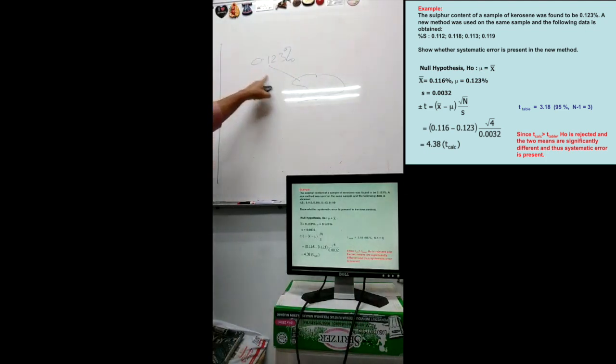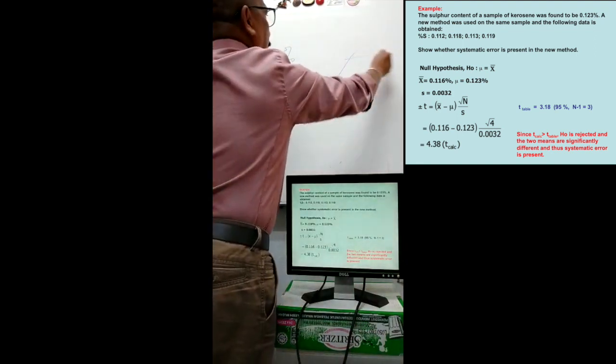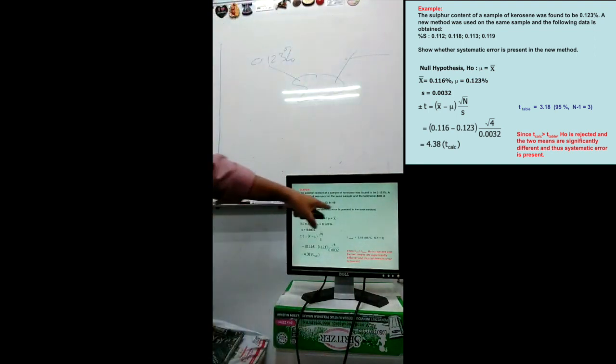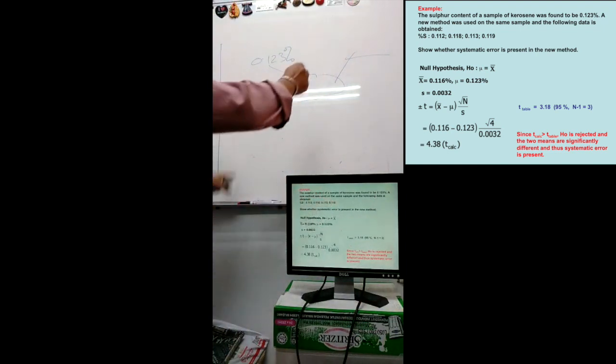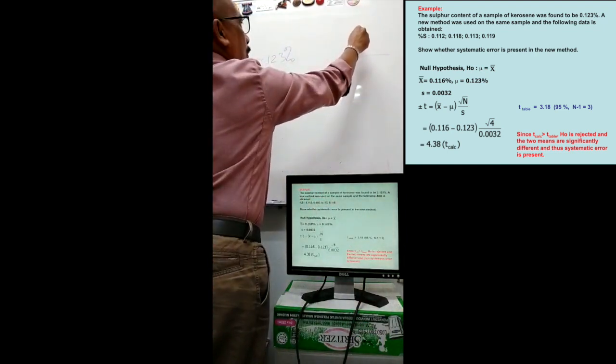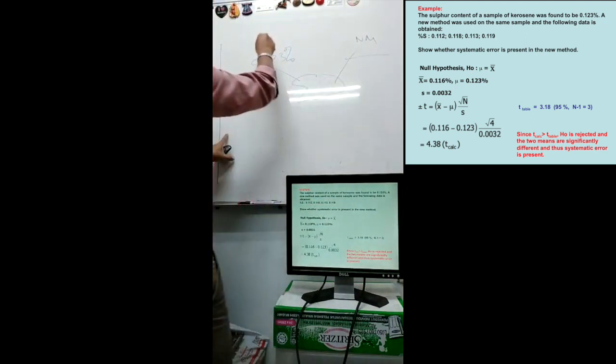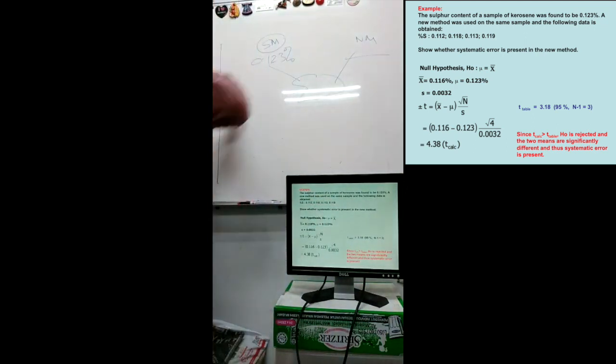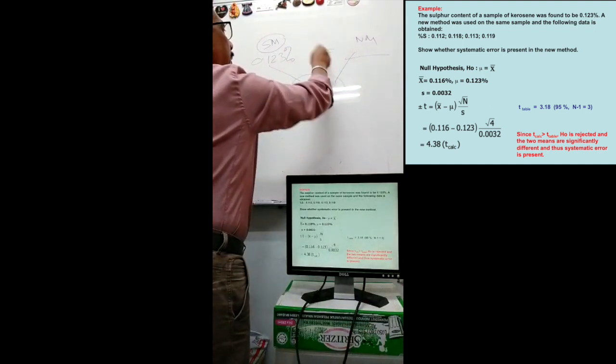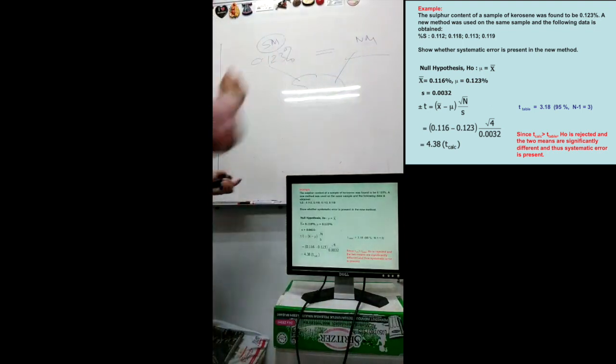And then we want to compare it with the new method, which gave this data. We want to compare the new method with the standard or in-house method, and see whether it is the same or not.